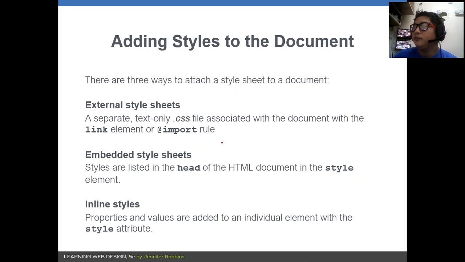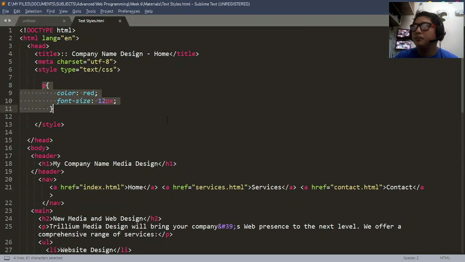So there are 3 ways that you can add your CSS style to the document. The one that I demonstrated is embedded style, which means you are applying your CSS style at the head portion of your page, which means any part of the document that contains a paragraph, these rules will be applied to them because the CSS is declared at the top portion of your page.